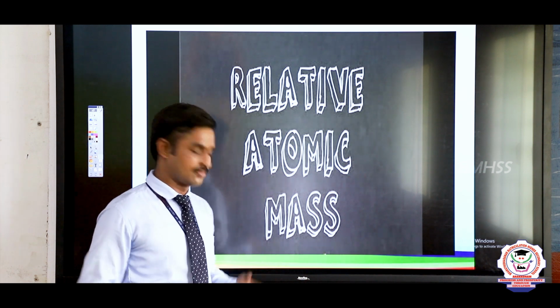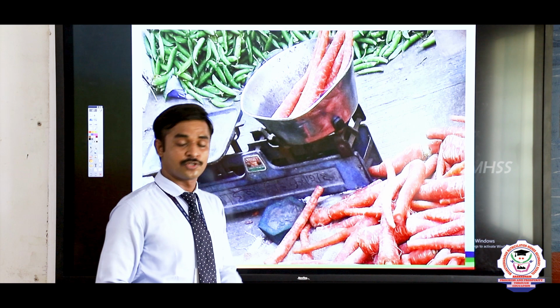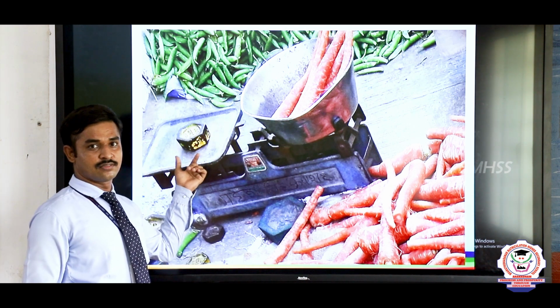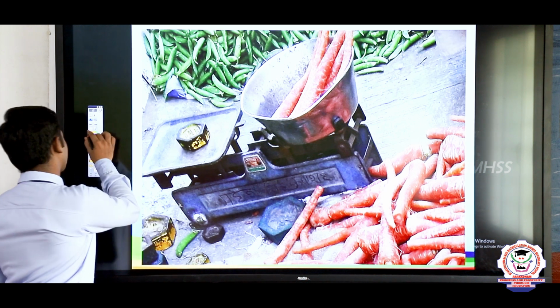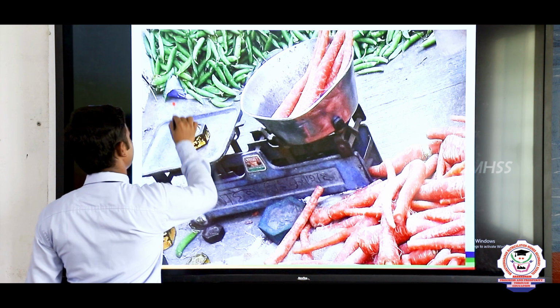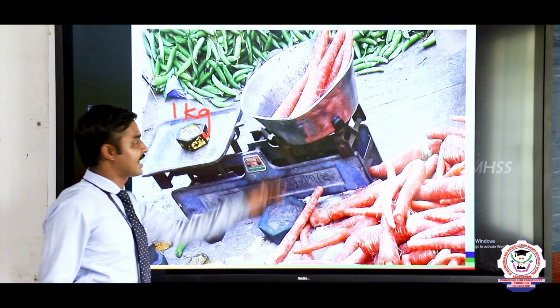How do we compare? For example, you go to a vegetable shop. The shopkeeper weighs the vegetables by weights. It is a 1 kilogram weight. We have a 1 kg weight to weigh the carrots.